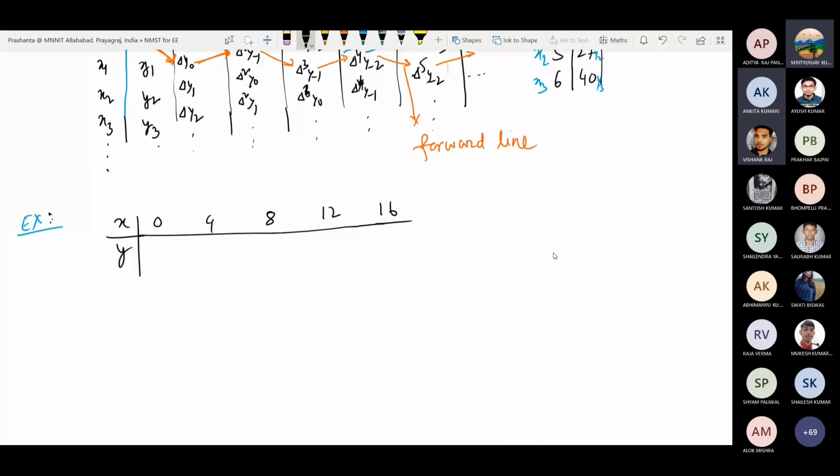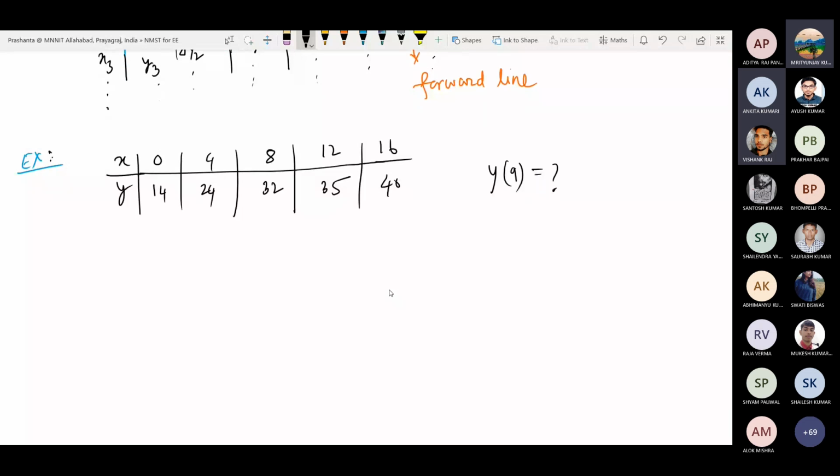The y values are 14, 24, 32, 35 and 40. So these are the 5 data points and you are asked to find out the output value at 9. What is y of 9? So 9 is in the middle of the table, is it not?